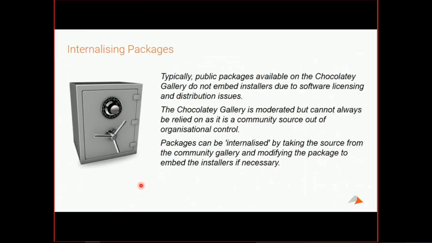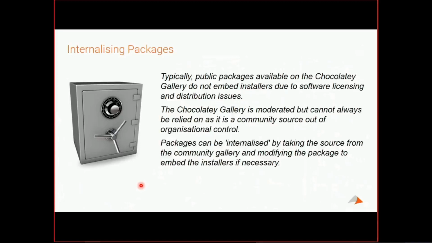If you want to rely on outside things that other people from the community have done, you want to take what they've done and make it internal to your business. Because of distribution rights, most of the packages that are for a big piece of software, like for example Adobe Reader there, can't actually embed the installer into their package because of distribution rights and licensing and things, because they're making it available to the public.